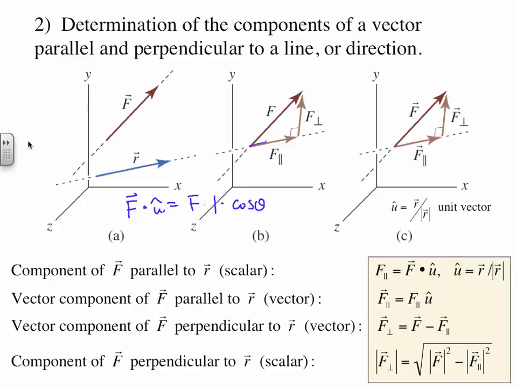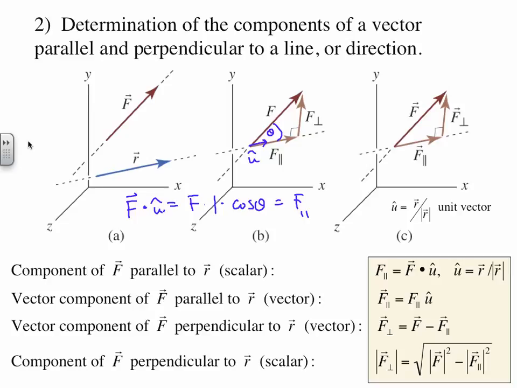If the unit vector is defined here, we can see from this right triangle that this definition gives us f parallel, that is, the scalar magnitude of f along the direction defined by the unit vector.